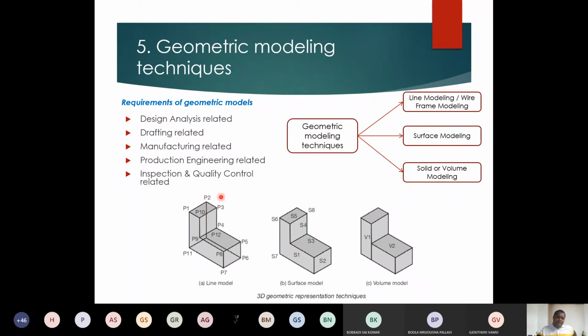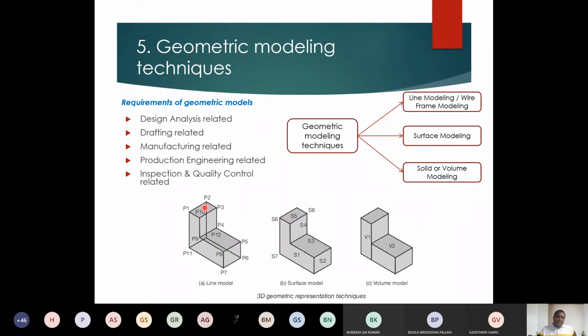The first model you call a wireframe model, also called line modeling. And the second model, of course, the idea is the same, but it is represented with only surfaces. Okay, the next evolution is the third one, which is a solid. So the comparison of all these three modeling techniques is an evolution of modeling techniques.